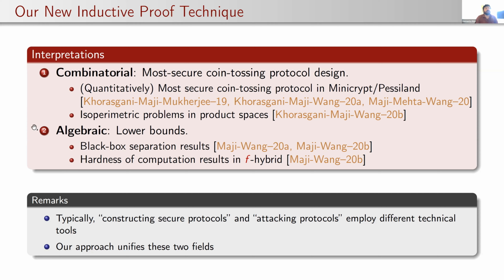One thing that you might observe is that typically construction of secure protocols and constructing attacks on secure protocols employ entirely different technical tools. Our new technique unifies these two fields. So our attacks are inherently constructive in the sense that they yield as a byproduct the optimal secure protocol as well.